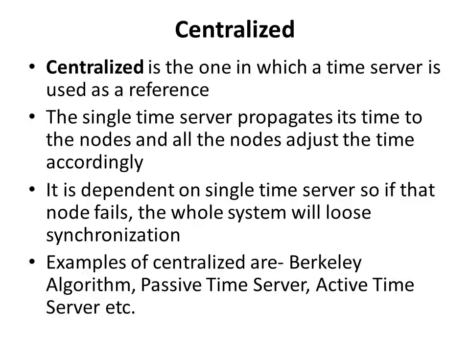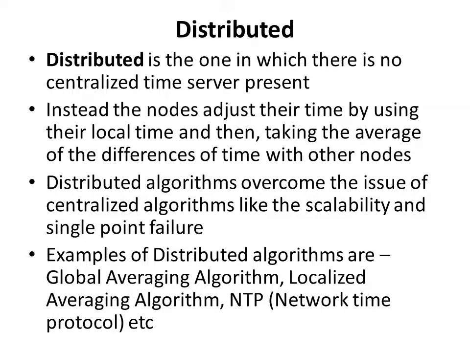It is dependent on a single time server, so if that node fails, the whole system will lose synchronization. Examples of centralized algorithms are the Berkeley algorithm, passive time server algorithm, and active time server algorithm.